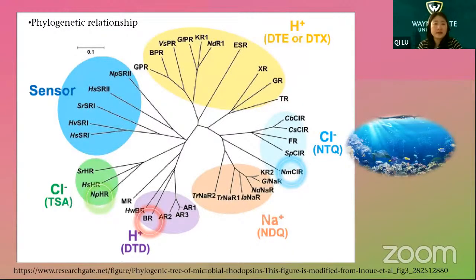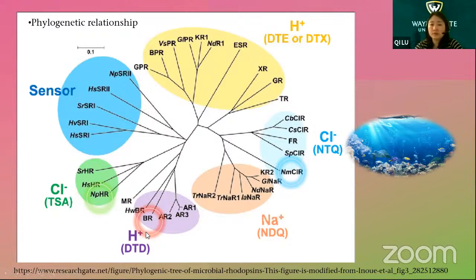So first, let's take a look at the phylogenetic relationship between several pumps. In this phylogenetic tree, we can see that the proton pump's evolutionary relationship is quite close to the chloride pump.